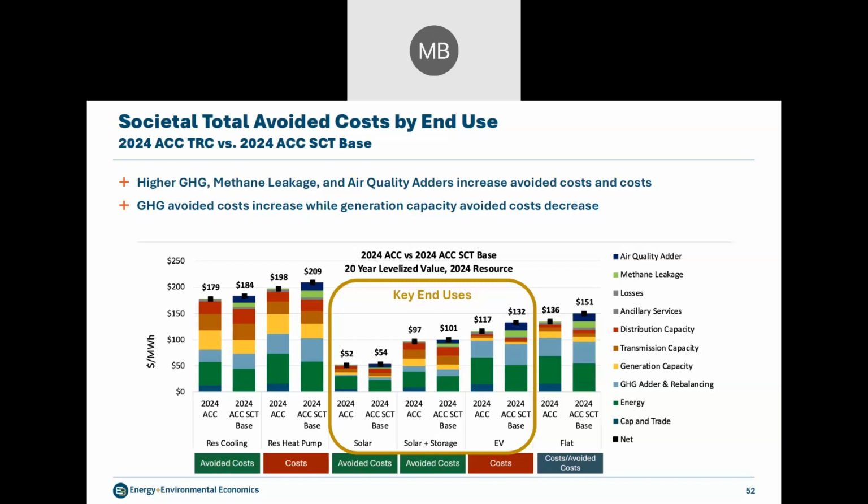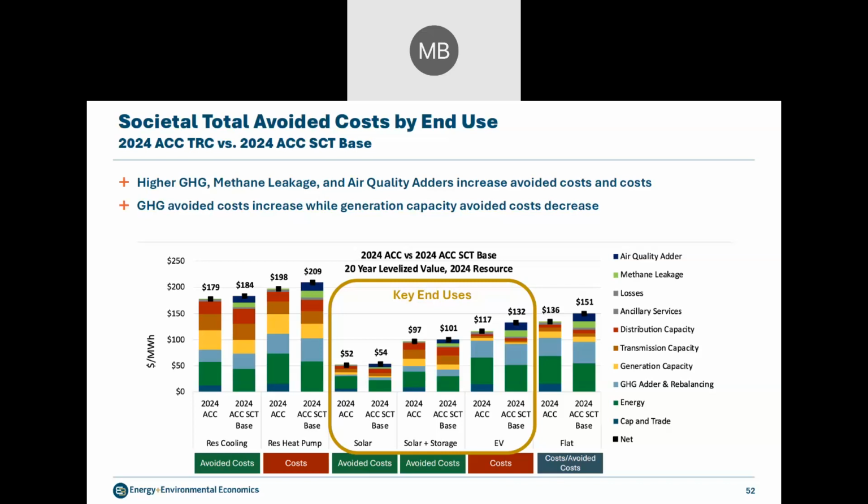The total of the levelized values and other values are the same, no matter what end use or emissions control you choose. Those seem to be irrelevant in SCT, and I'm wondering if you could speak to that. And then I likely have one more gas model question after that.